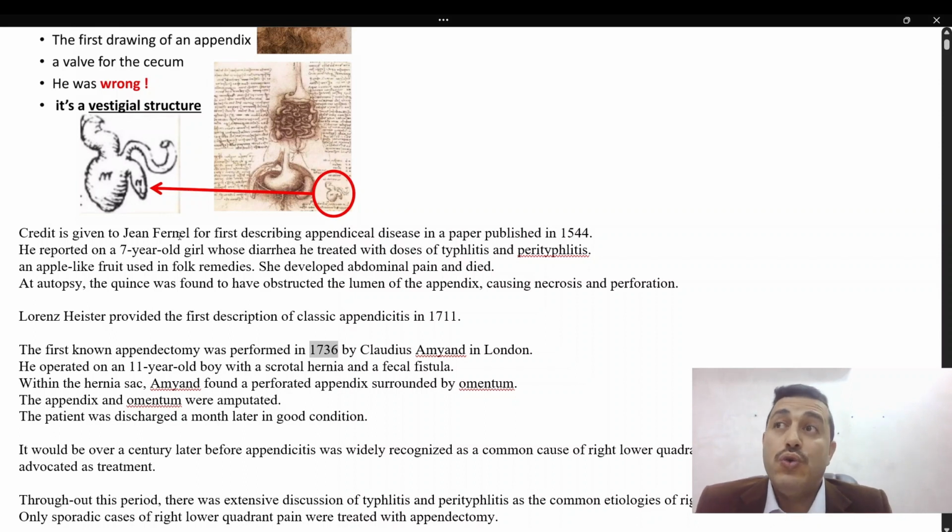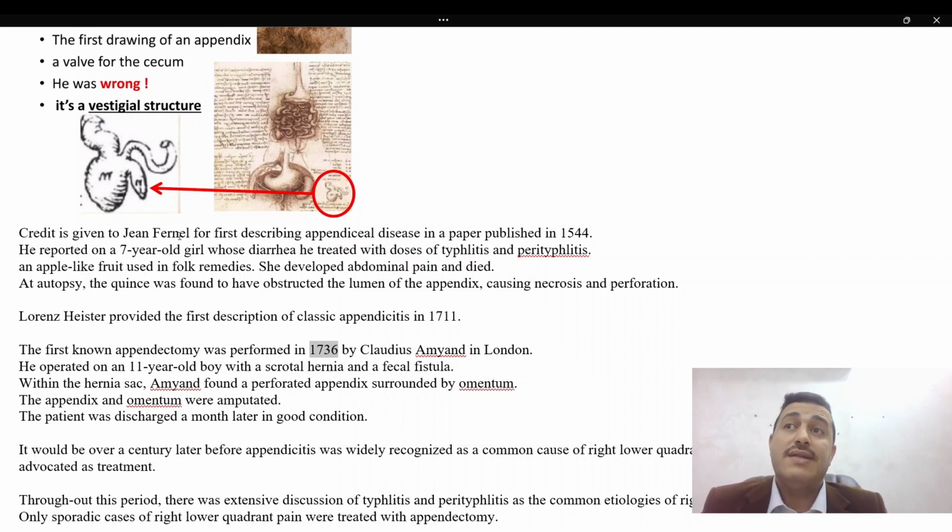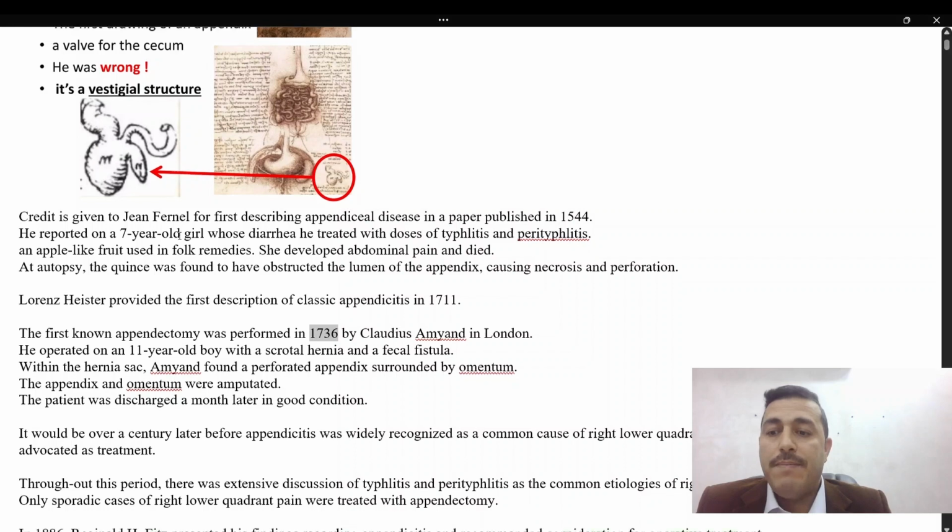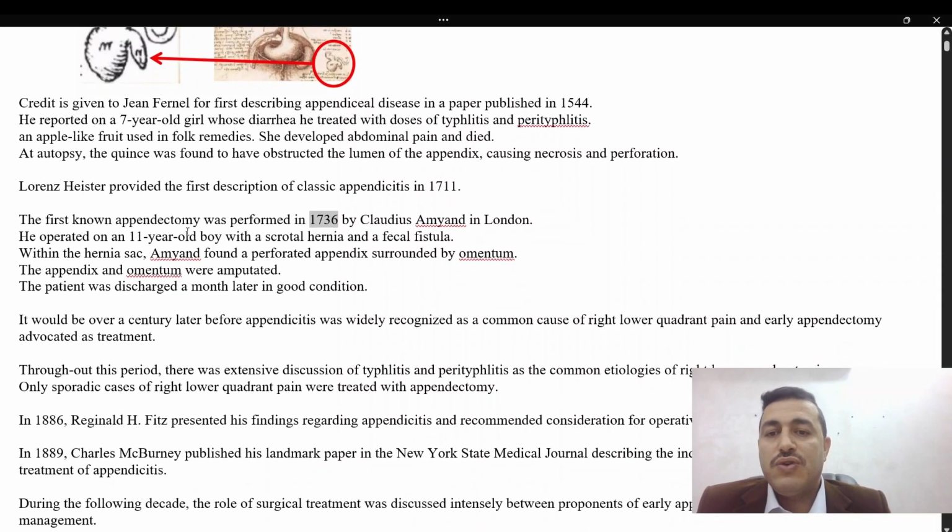He is a doctor who treated a girl conservatively, and she died due to right iliac fossa pain, and on autopsy he found an obstructed lumen of the appendix.